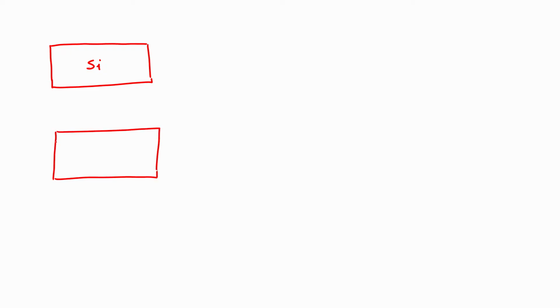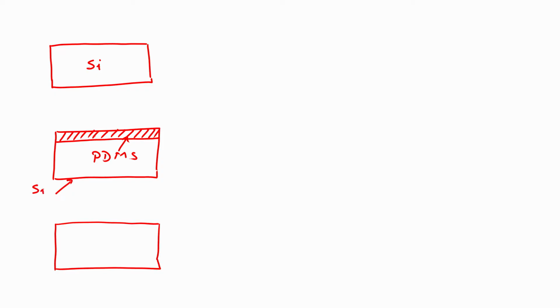First step is you take the silicon substrate. Second step is to spin coat PDMS on the silicon substrate. So, let us say this is your PDMS. This one is PDMS, this substrate is still silicon.